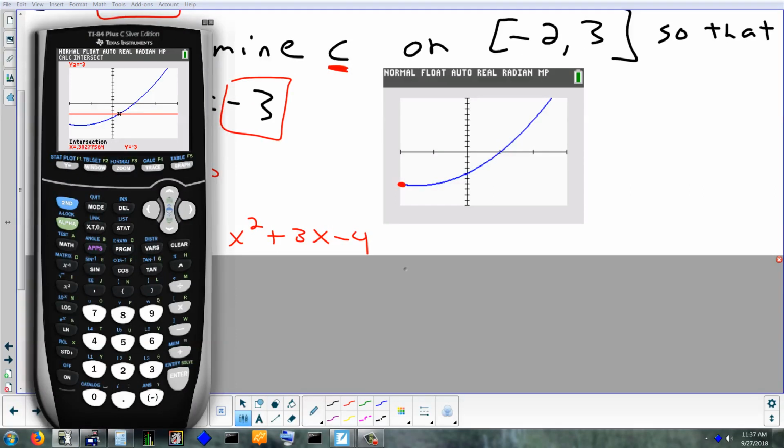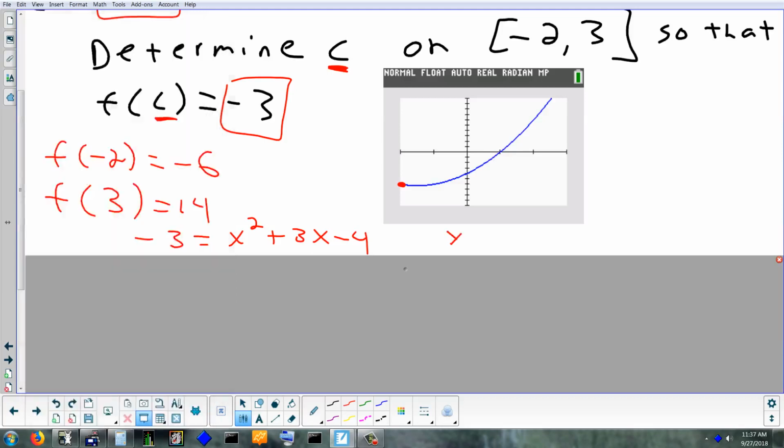Because I didn't get a nice answer for x, it probably doesn't factor very nicely. So x is 0.303, or actually c. C is the value you could plug into the function, and when you do that, you'll get -3.